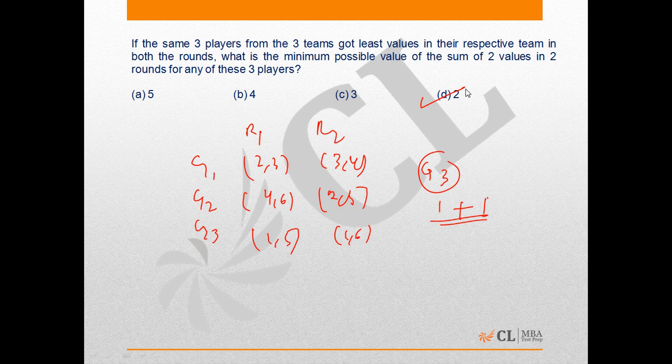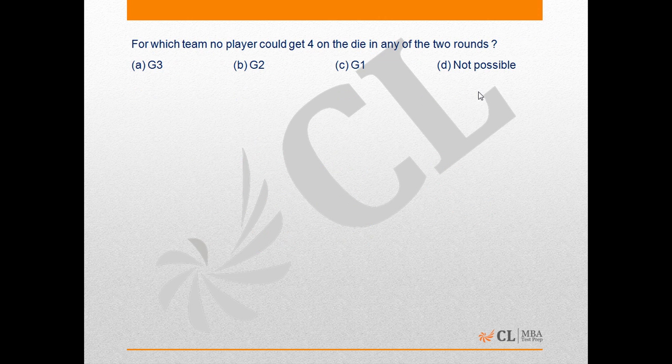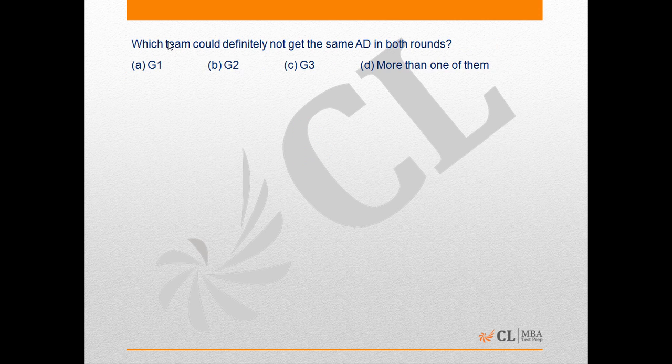Therefore the minimum sum is 2, for which team no two players could get 4 on the die in any of the two rounds. From the given arrangements, we can say that this is possible for G3, as none of the players of G3 got 4 on the die in any of the two rounds. Therefore option A is the correct answer.